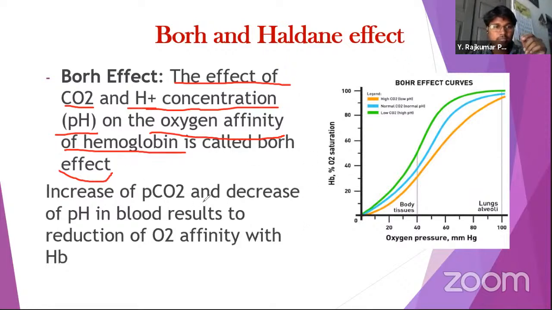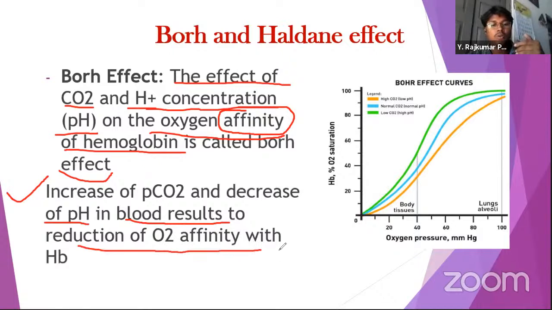Just now we have learned that under some conditions the high pressure of carbon dioxide leads to dissociation. Affinity means the binding capacity. Okay, familiarity, binding capacity can be referred to as affinity here. An increase in the partial pressure of carbon dioxide and a decrease of pH in blood leads to the reduction of O2 affinity with hemoglobin.